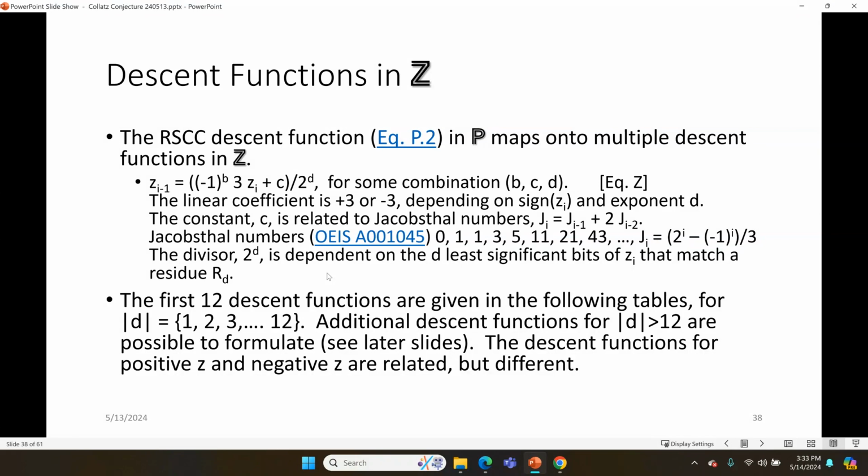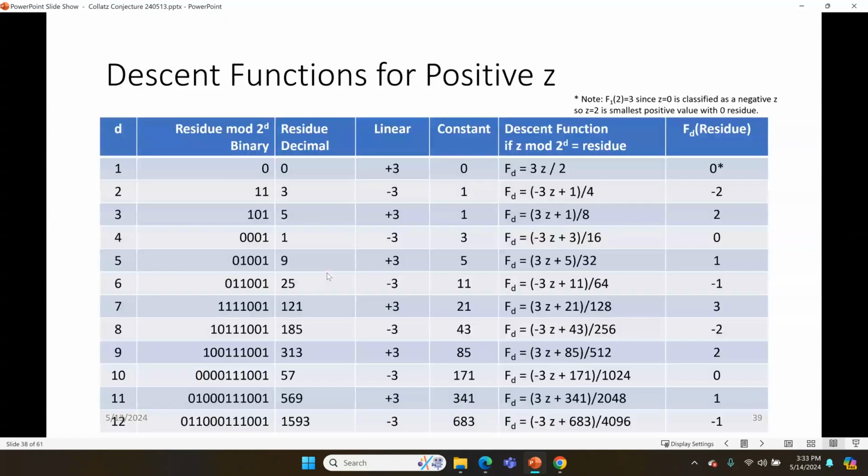So the way this works is it's a sieve that you sift through, starting from the first and going down. If the Z value has residue 0 mod 2, which is to say it's a positive even number, then the descent function is 3Z over 2. If the residue is 3 modulo 4, then the descent function is negative 3Z plus 1 over 4.